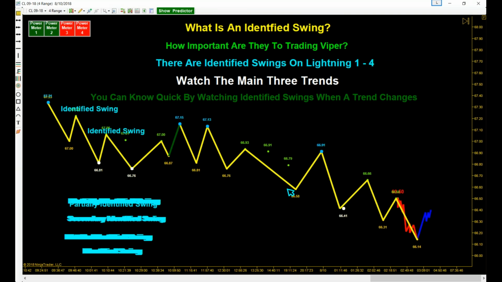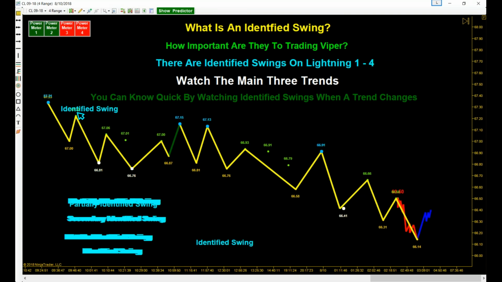Okay, now I like these lows to be taken out by a good amount to really be these identified swings. 5 ticks doesn't really cut it to me because that's literally the size of a bar. A 4-range bar is literally about the size that was underneath that, and that's just a fake. Okay, everybody see that? So when I see this happen, I immediately say, well, my identified swing's here again.